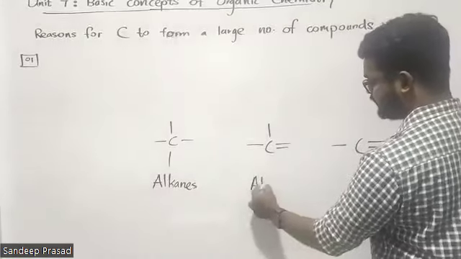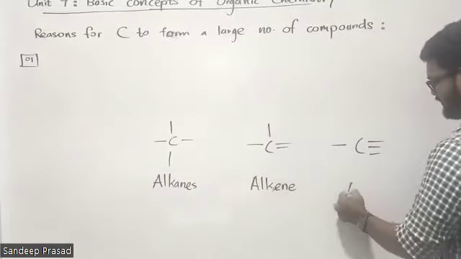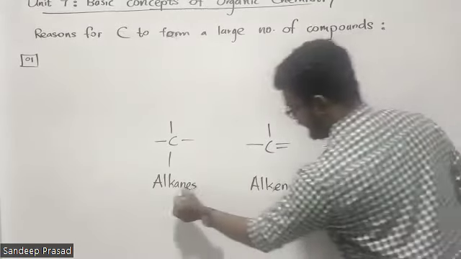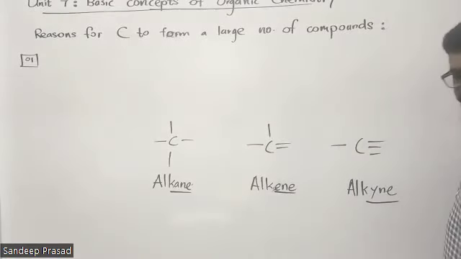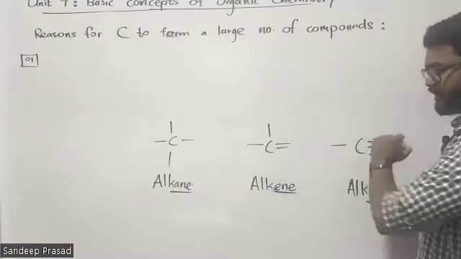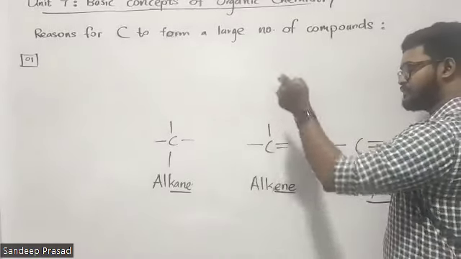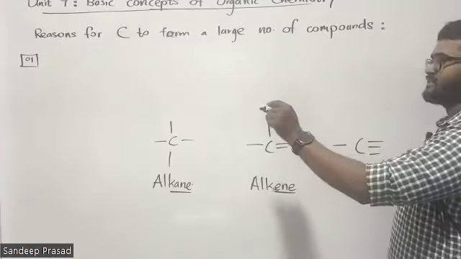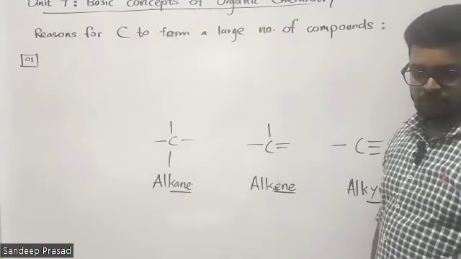If it is a double bond, we consider alkene. If it is a triple bond, we consider alkyne. Ane, ene, yne, right? Likewise, we are categorizing carbon containing compounds. So carbon can form single bonds, double bonds, triple bonds. This is one of the reasons that carbon can have a large amount of compounds, right?